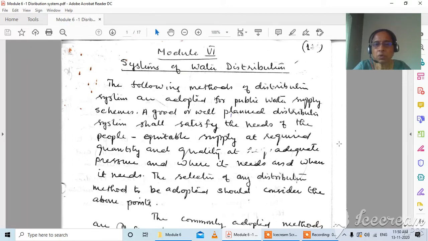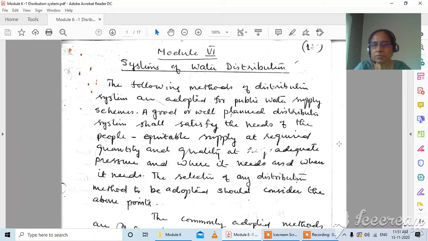A good or well-planned distribution system shall satisfy the needs of the people, with equitable supply at required quantity and quality, at adequate pressure where it is needed and when it is needed. The selection of any distribution method to be adopted should consider the above points.